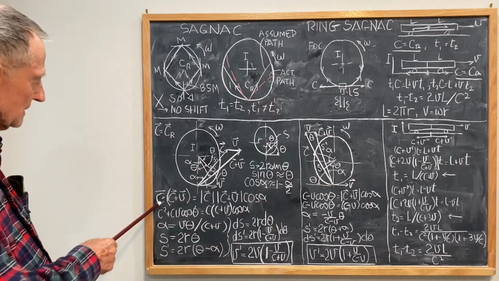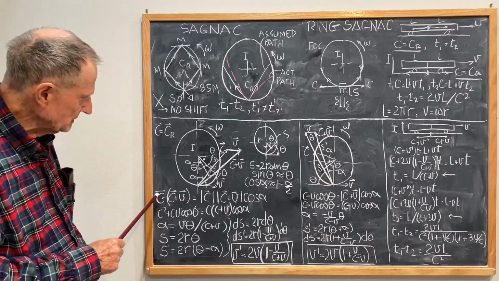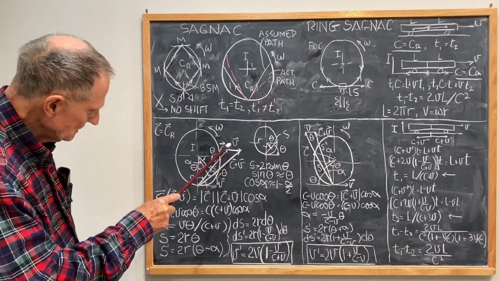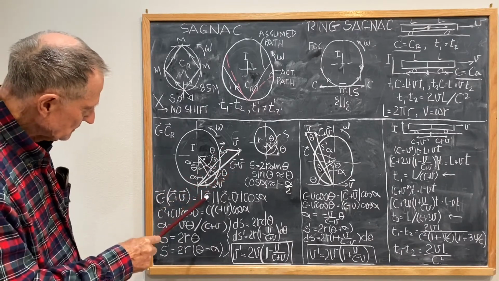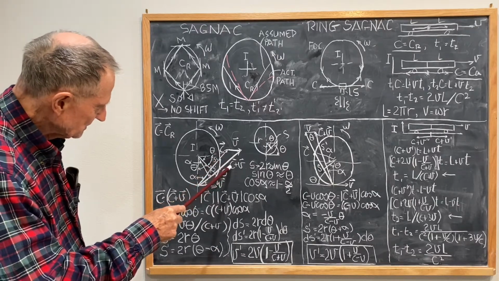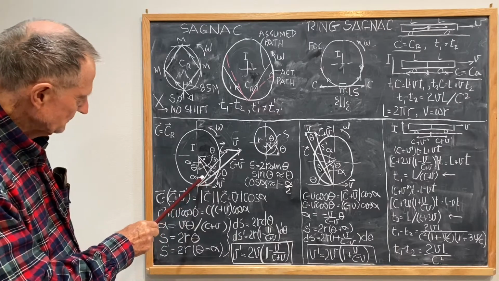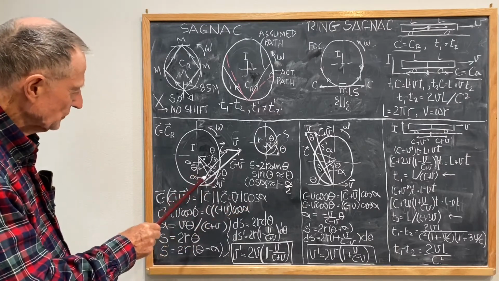Vector calculus in this case, now we have the relation that c dot c plus v is equal to c times c plus v times the cosine of alpha between them.